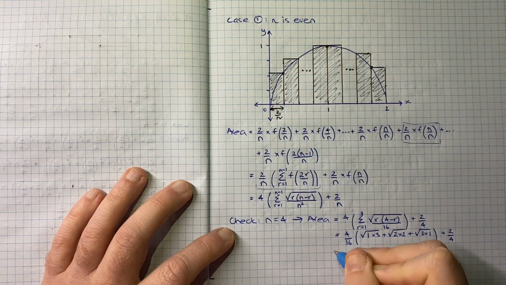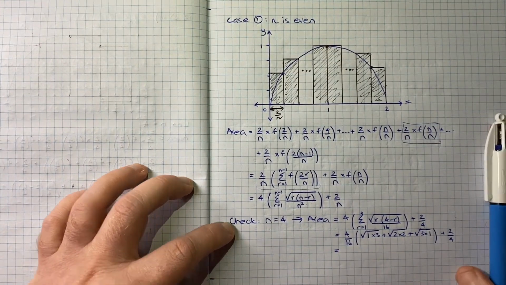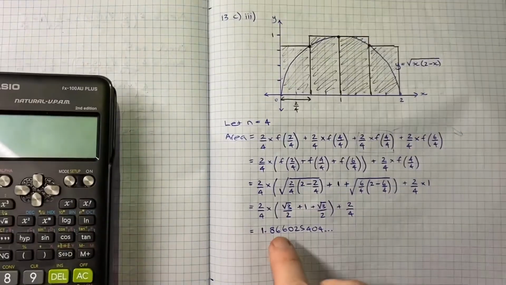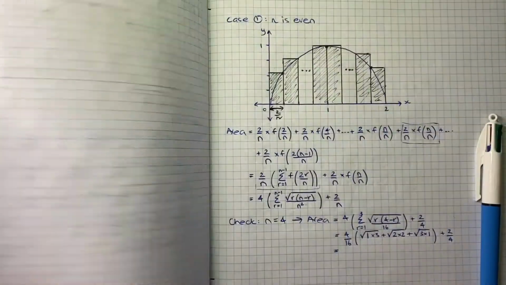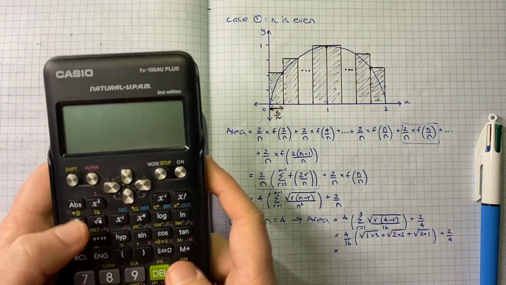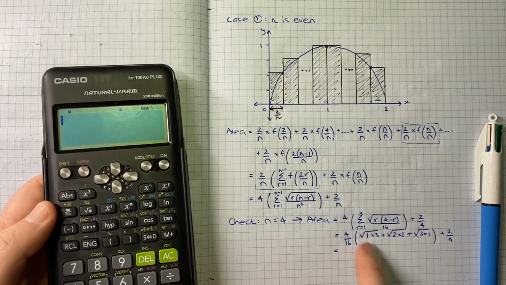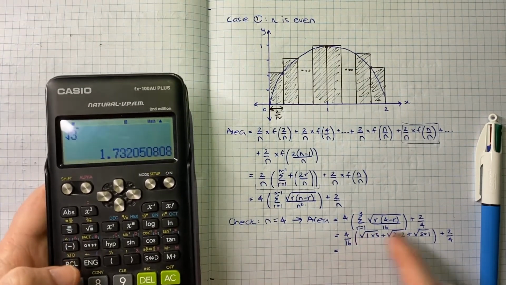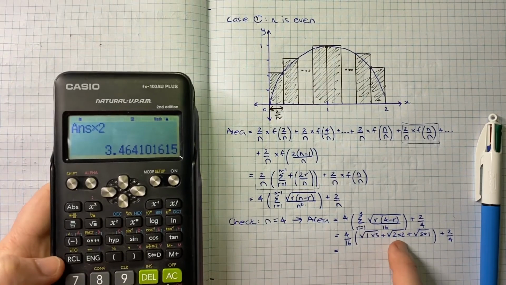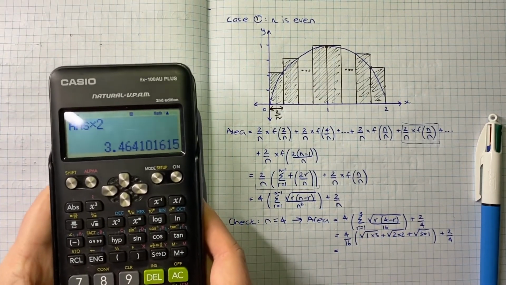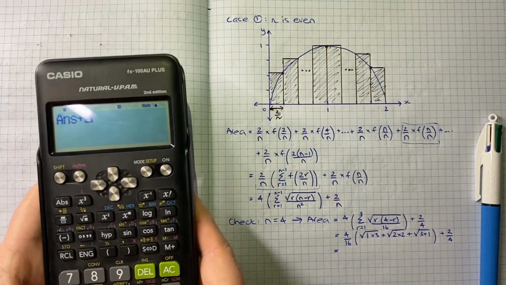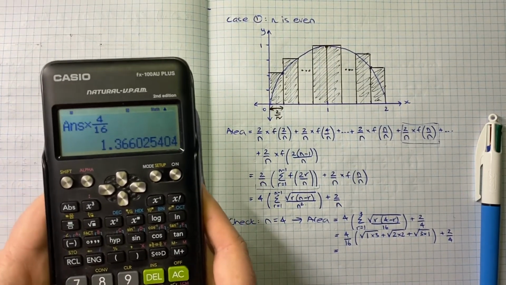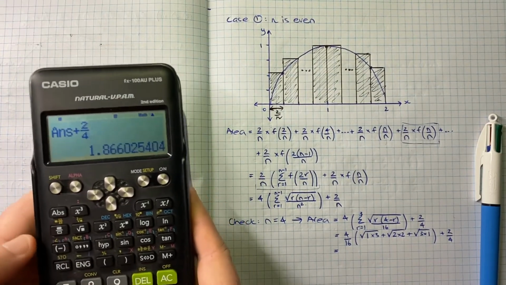And again, I'm just going to throw this into the calculator rather than try and simplify it, just so I can compare against the exact number we plugged in the prior video. So let's just do the square roots first. So we'll have the square root of 3, and we've got 2 of them, so I'll go times 2, plus the square root of 4 is 2, so that's just going to be plus 2, times 4 on 16, and then plus 2 on 4, and what do we get?